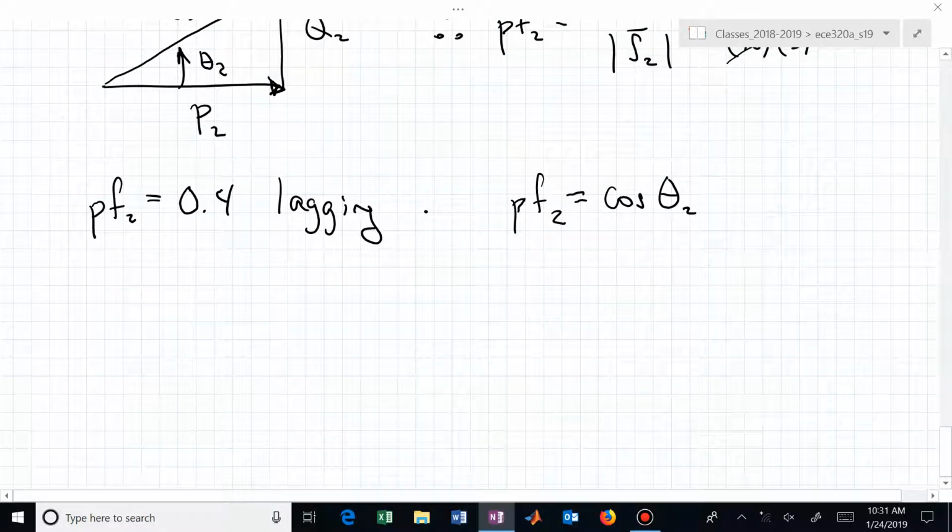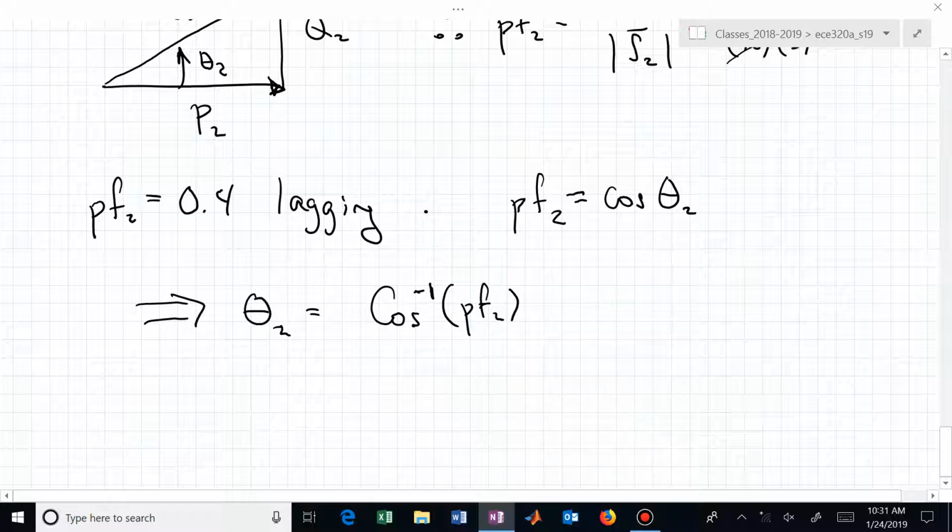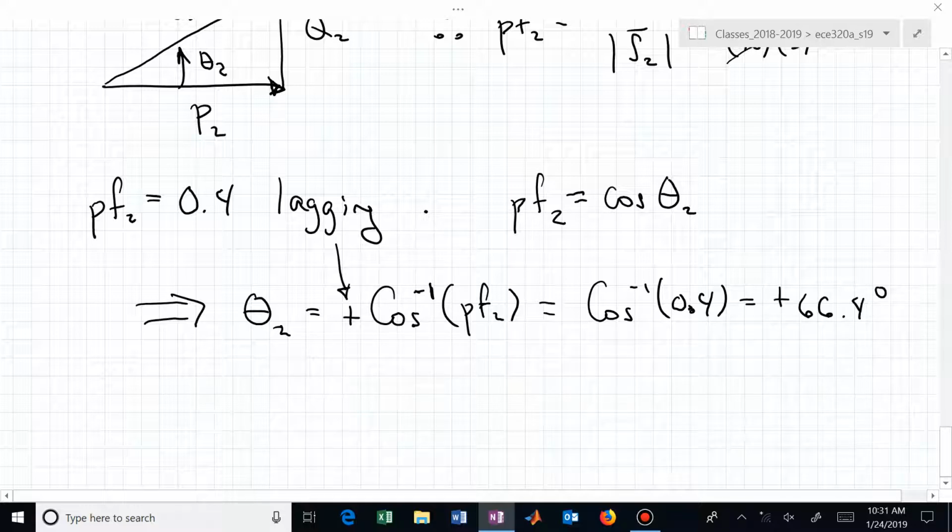And now we can simply solve that for theta sub 2. So now we know that theta sub 2 is equal to the inverse cosine of the power factor of load 2. And since it's lagging, that tells us the sign, that it's a positive angle. We now have the inverse cosine of 0.4, and that now gives us a plus 66.4 degrees.